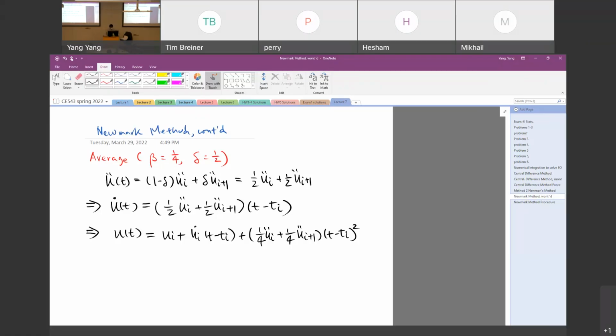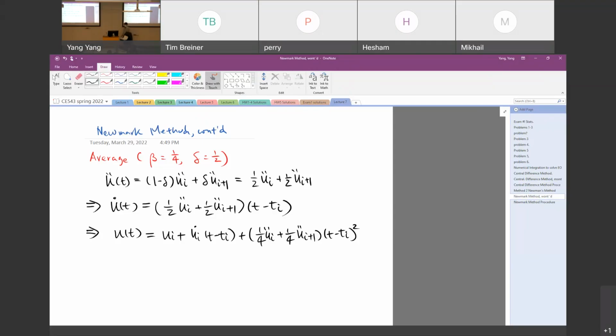So as long as we have the three equations here, typically, as long as we pre-select the time step delta t, we are usually not concerned about the response at time t. We are more concerned about the response at time t i plus 1.